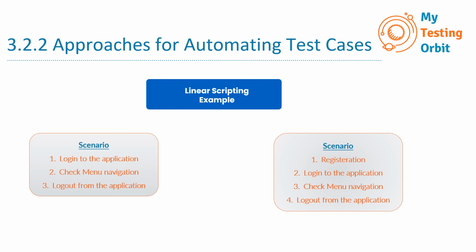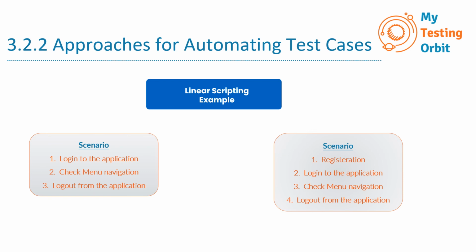The first time we run the test, it will work perfectly fine and create an account. The second time, if we try to run the same test, it will fail because that email address has already been used.